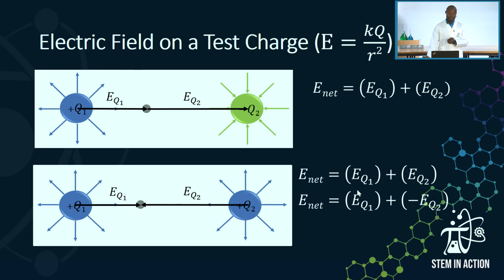So when we add up our vectors, we say E net is going to be equal to EQ1, which is that one, plus EQ2. But our EQ2 is negative because its direction is to the left. Therefore, our E net final equation is going to say positive EQ1 plus negative EQ2.